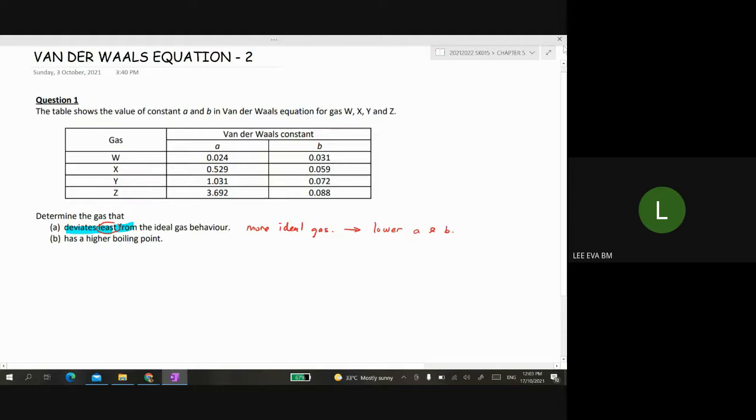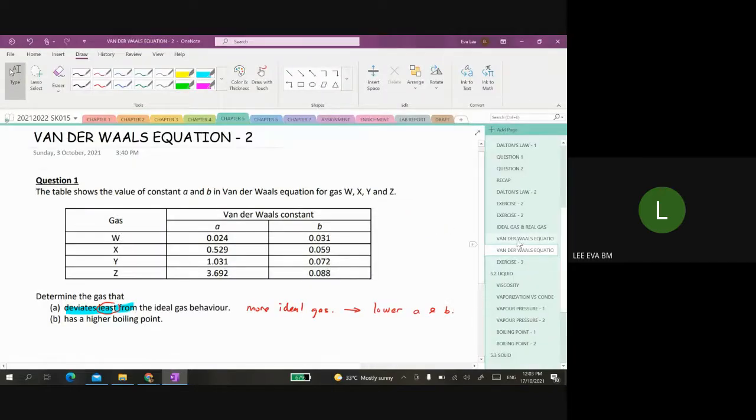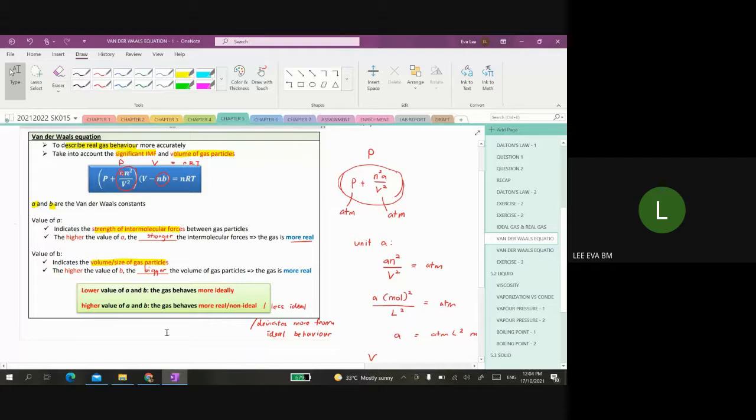If you want to refer to the short note also, can you remember the last one over here? If you want a more ideal gas, we always look for a lower value of A and B. Lower A means you have weaker intermolecular forces. Lower B means you have a smaller volume of the gas particle.